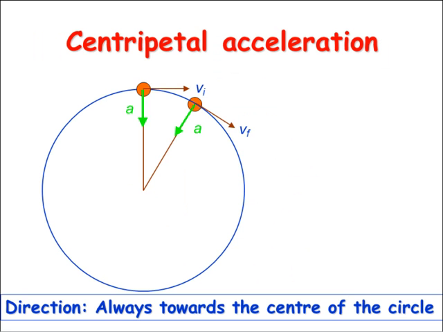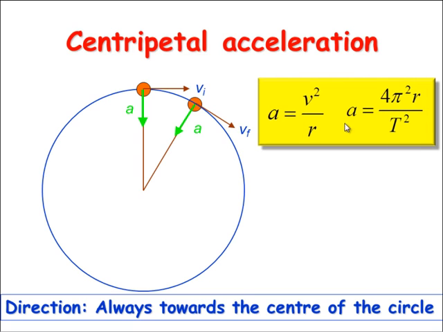So let's have a look at how we calculate acceleration. I'm going to reiterate, direction towards the center. You'll be sick of me saying it by the end of this topic, but hopefully it will have sunk in. Now, it's not quite as straightforward because of the rules of circular motion. So basically I'm just going to give you the two rules. We've got a equals v squared on r, or 4 pi squared r on T squared.